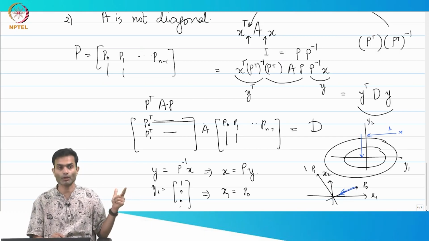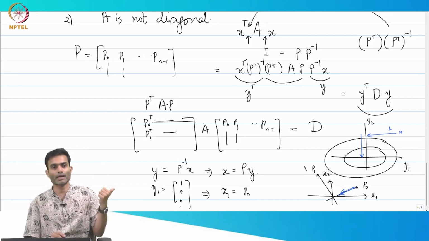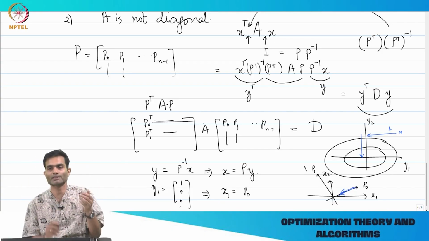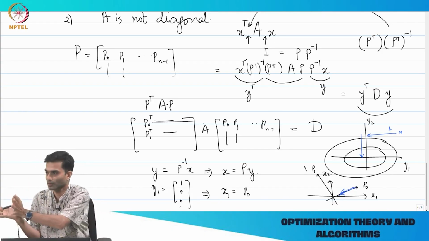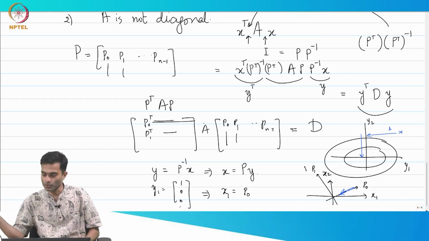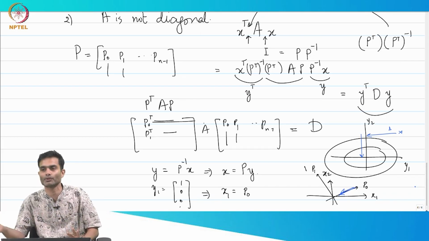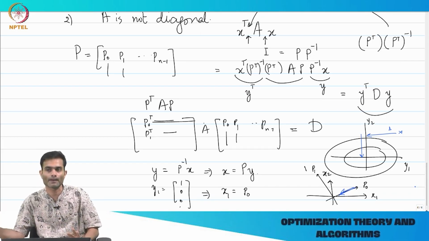The next step that I walk is going to be Y2, which is 0, 1, 0, 0, 0. That is in the X space P1, and then P2, up to Pn, right? So every step in the Y axis along the coordinate axis is a step along the conjugate directions, right? So is that clear? This is the geometrical intuition of the conjugate direction method.